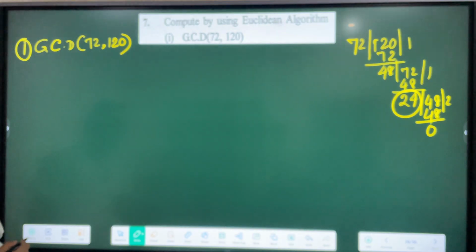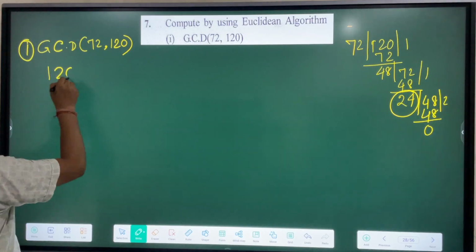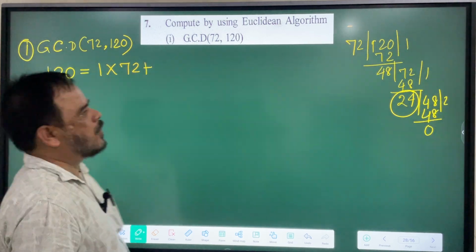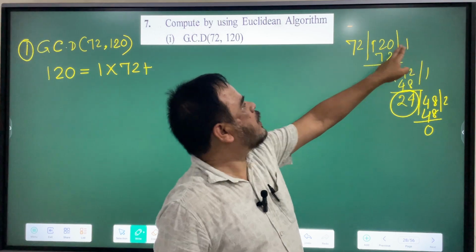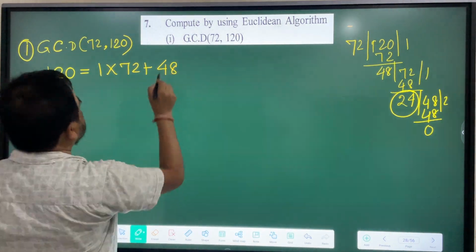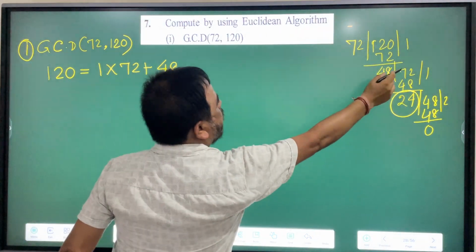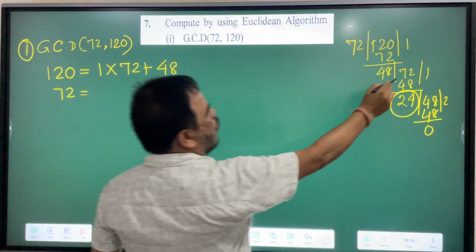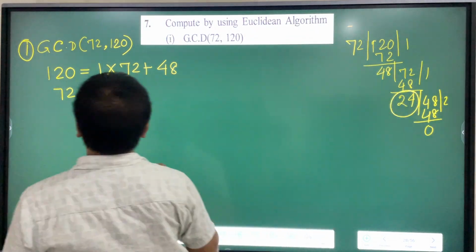So how to write it now? 120 is equal to 1 into 72 plus 48. Next, 72 is equal to 1 into 48 plus 24.